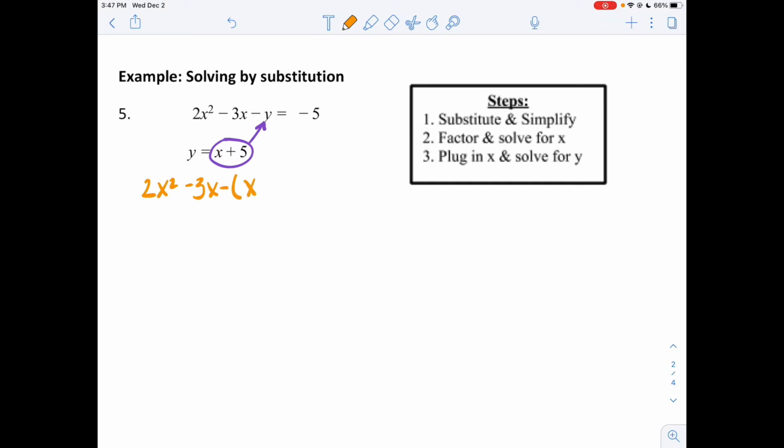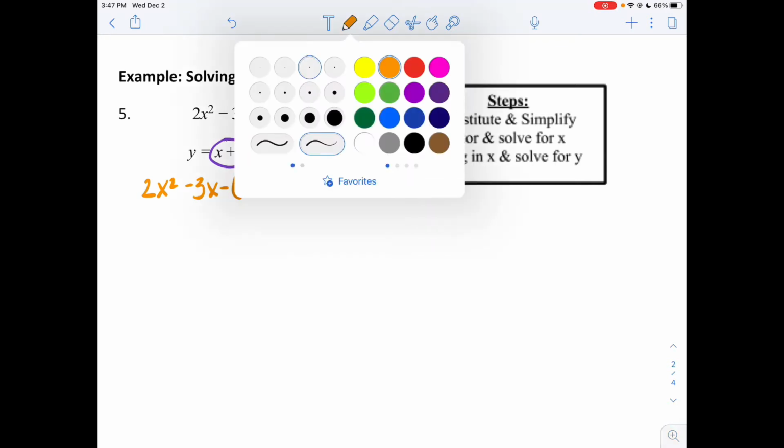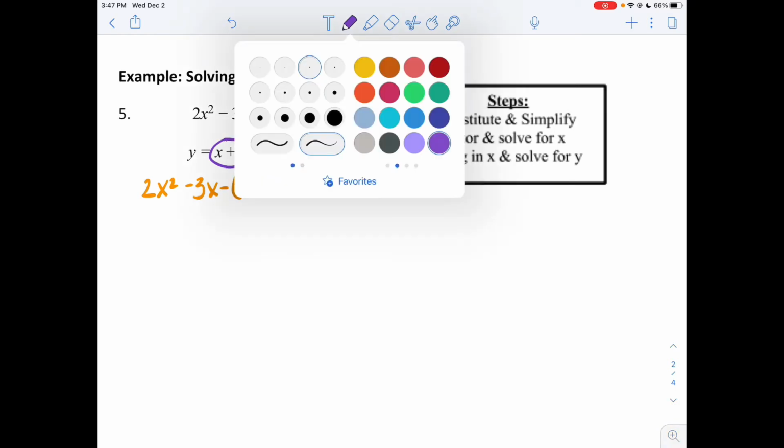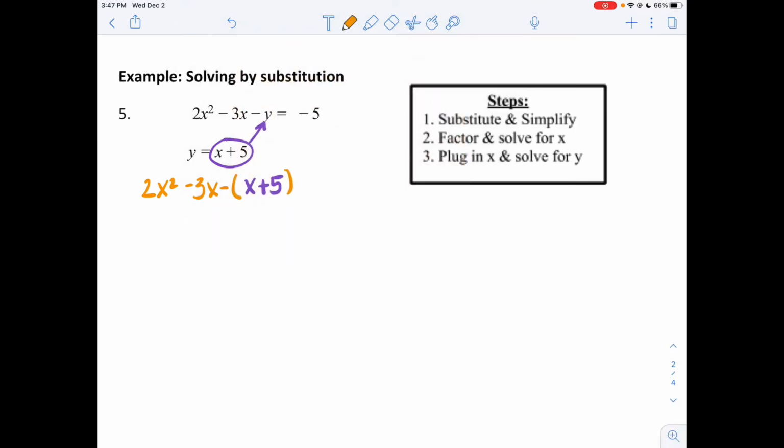I know that y is x plus 5. And in fact, let me go ahead and write that in purple so that it'll be tied to what I circled there, x plus 5. And then that is all equal to negative 5.